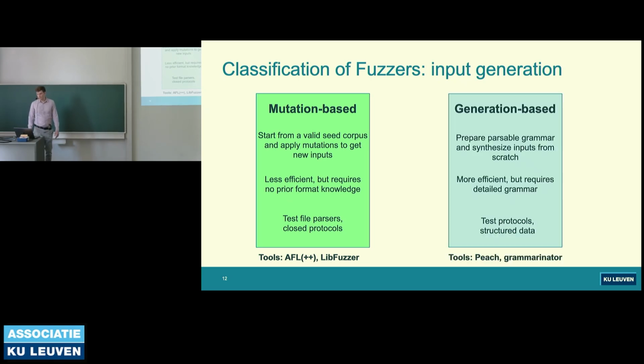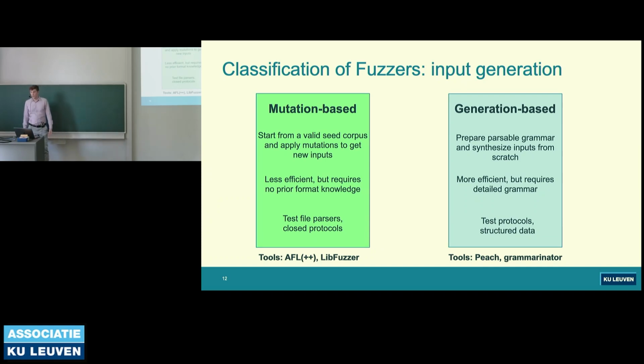The second type of fuzzers is called the generation-based fuzzer. The idea of the generation-based fuzzer is to generate the input seeds from the grammar. So not from the previous seeds, but from the grammar. As you can imagine, not for all the systems under test do grammars exist that they expect to get.